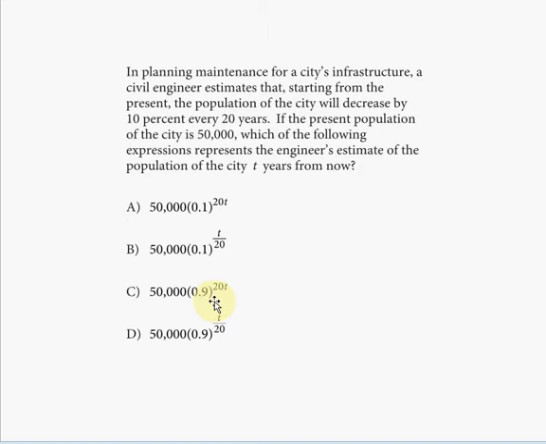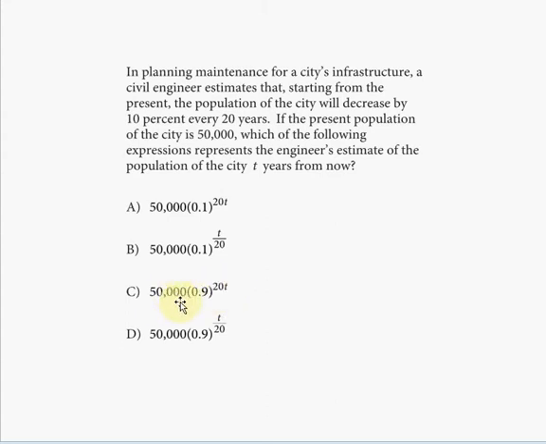Now, every 20 years. So t years can be 20 years, right? So if we set t equal to 20 here in this problem, for this one, that would be 400. But in 20 years' time, if we set t equal to 20, we have to have a power of 1.